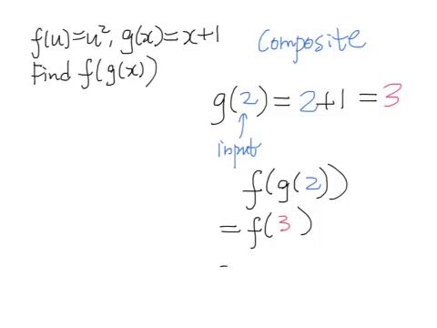So this will give me 3 squared, because I know that the input is the u, right? Now u equals 3, so the answer is 3 squared. So the final answer is 9, okay?